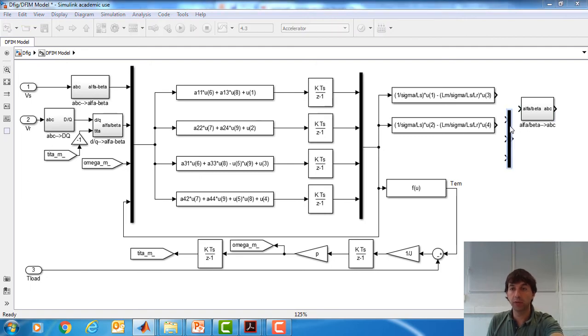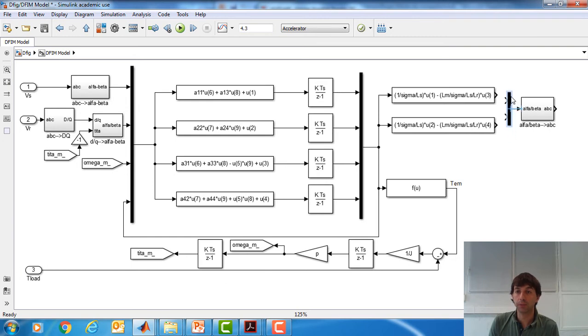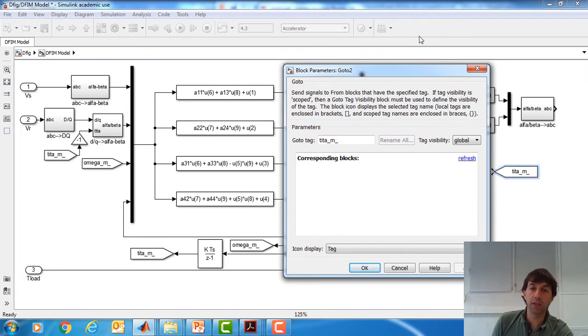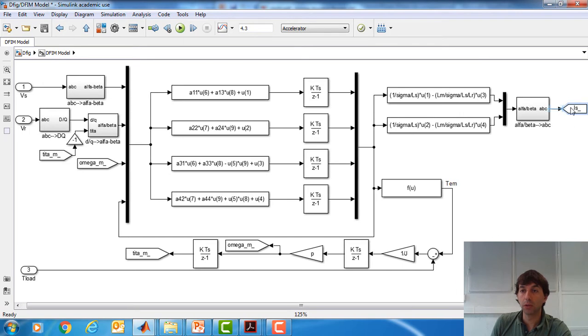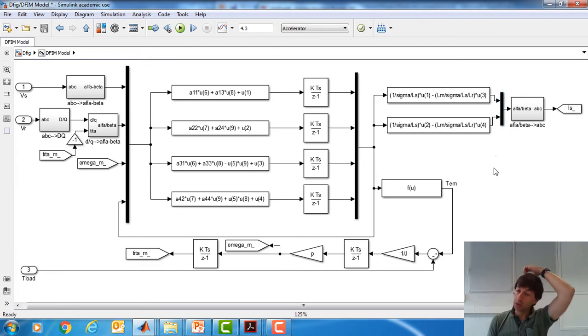And here we have the multiplexer 2 into 1. Here it is, and here it is. And therefore this is going to be stator currents in ABC components. So let's call it IS, like this. And let's connect it there. So this is our model's stator currents in ABC.